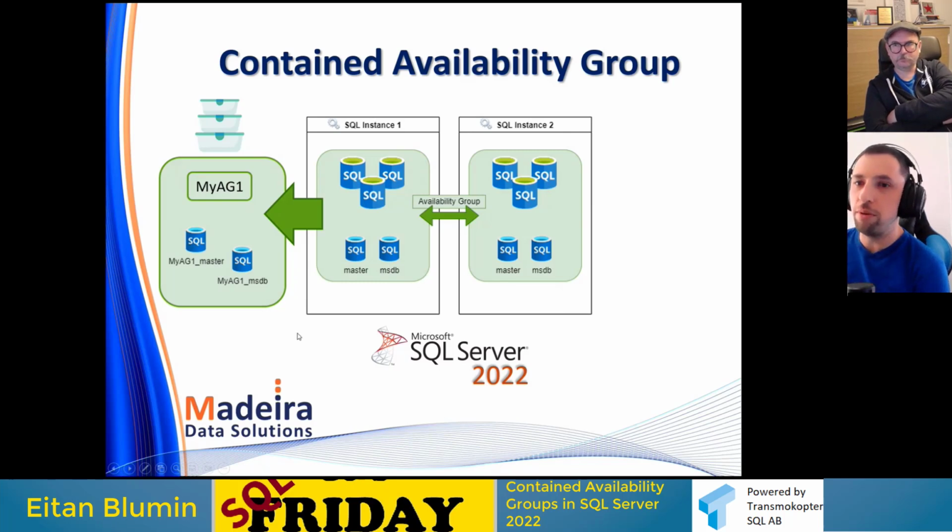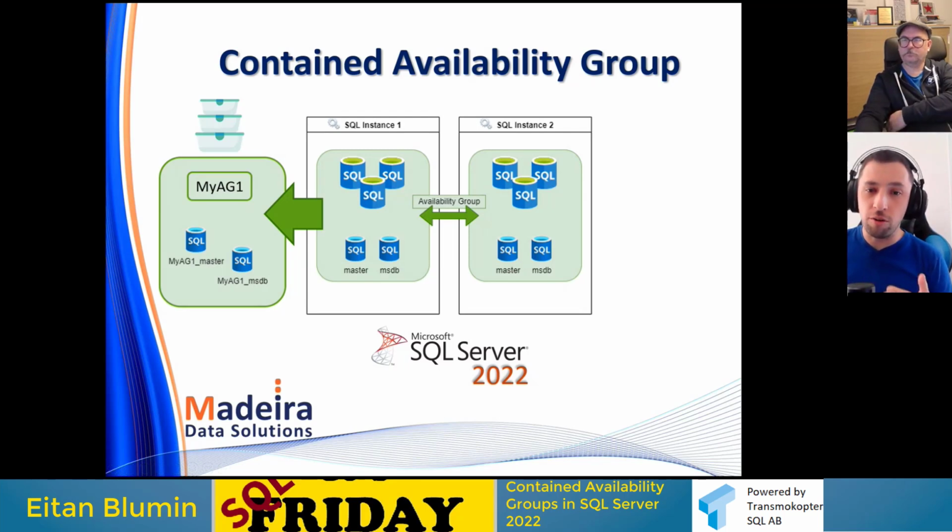So if, for example, we have an availability group called, let's say, myAG1, then these databases will be created as myAG1 underscore master and MSDB. And as I said, they will be part of the availability group, and they will be synchronized, and they'll be failed over together with the availability group.